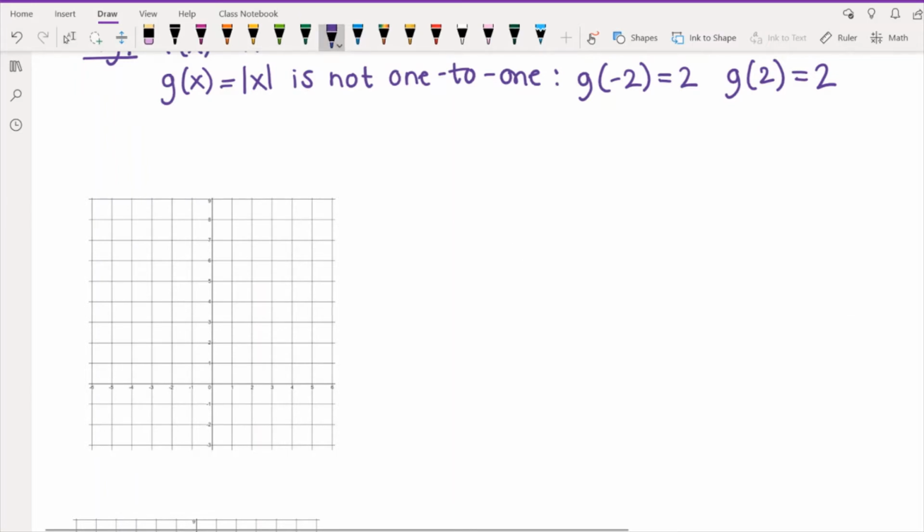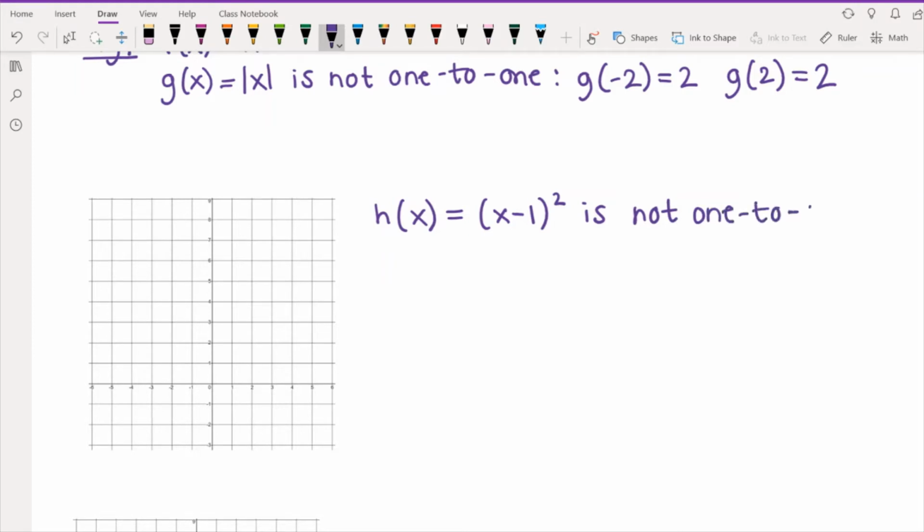the function h of x is equal to (x minus 1) squared is not one-to-one. So I'll sketch the graph of it in a moment so we can make a connection between the graph and what's going on with this one-to-one property. But let's come up with an example.